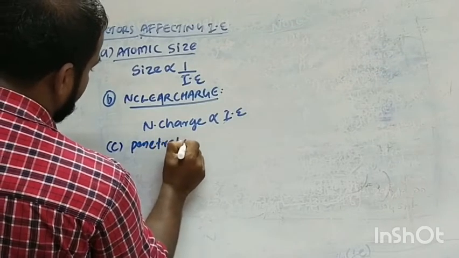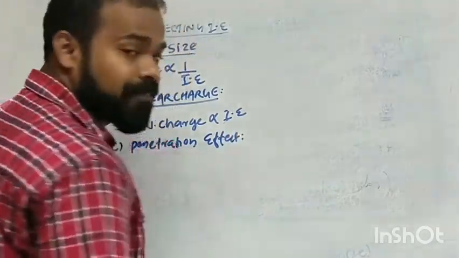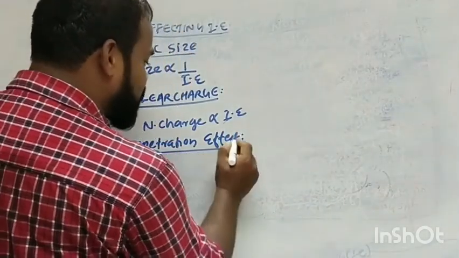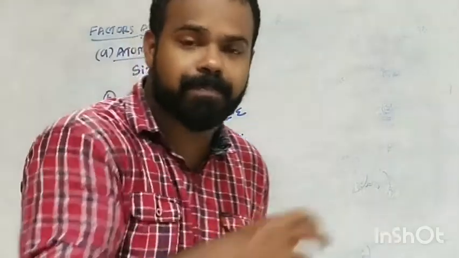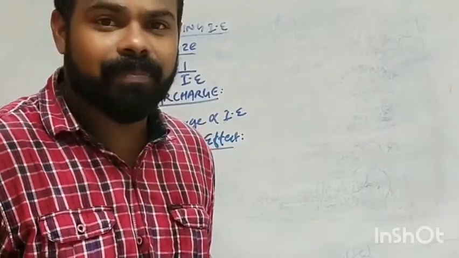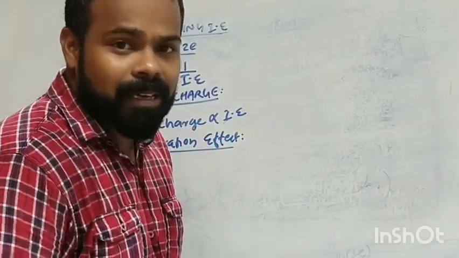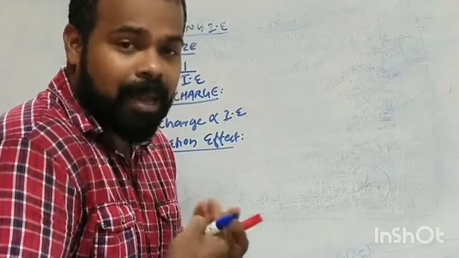penetration effect. Penetration effect means penetrate. We know which orbital is more close to the nucleus? No doubt, that is s. Every atom has a number of shells, and each shell has a number of subshells.